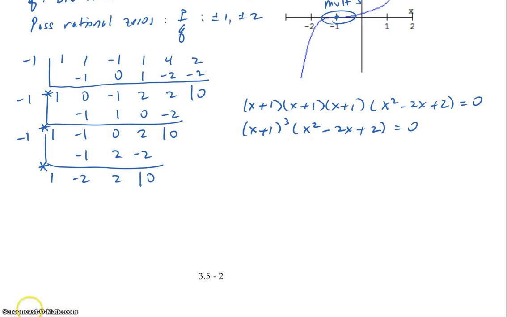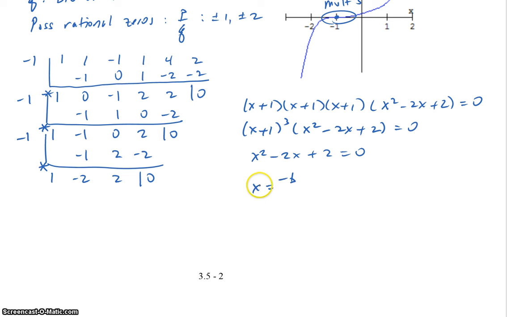Let's try the quadratic formula. I can tell you that x squared minus 2x plus 2 does not factor. You can check that for yourself using basic methods, that is. So the quadratic formula, again, I'll write it down.